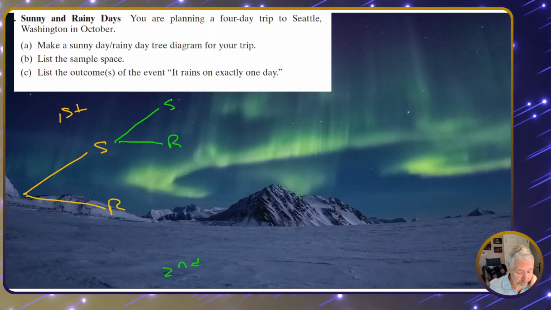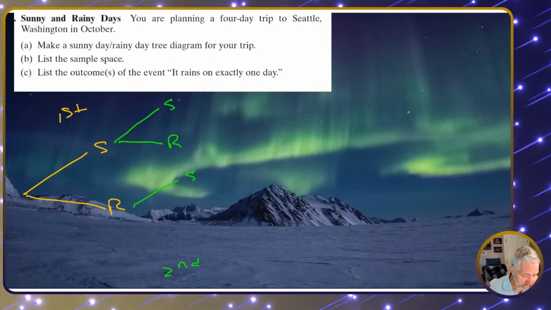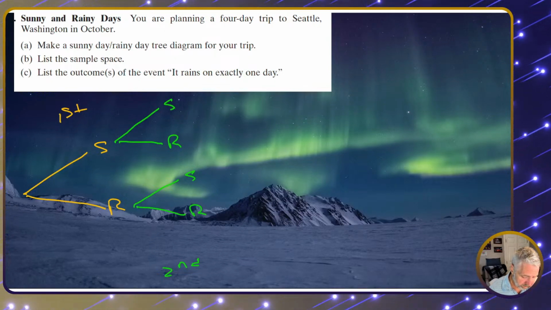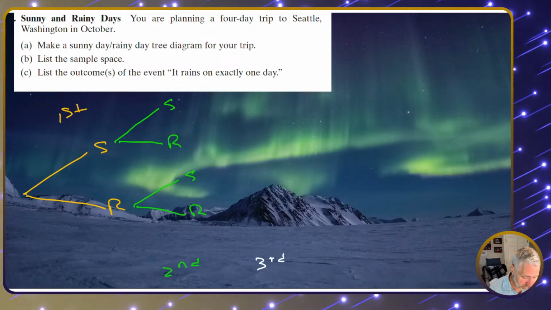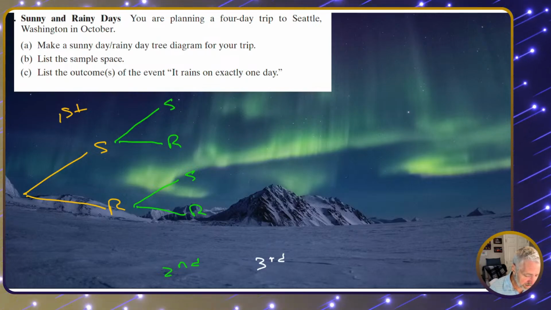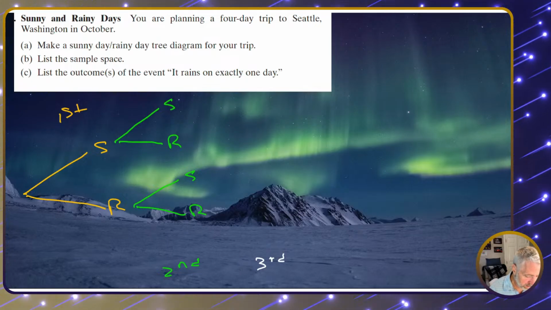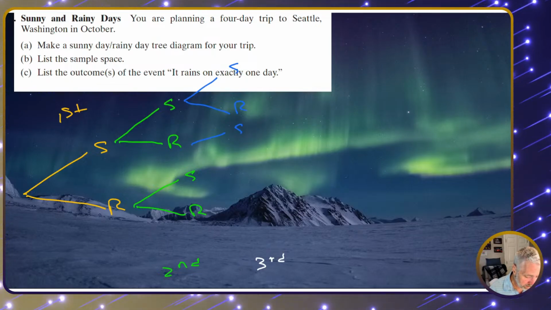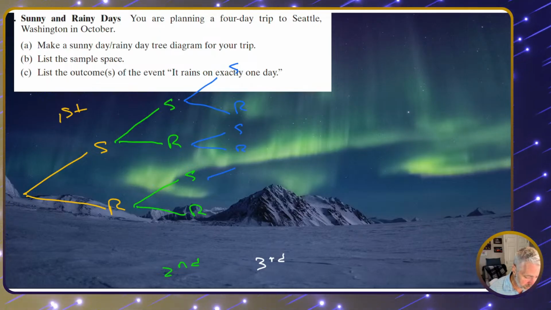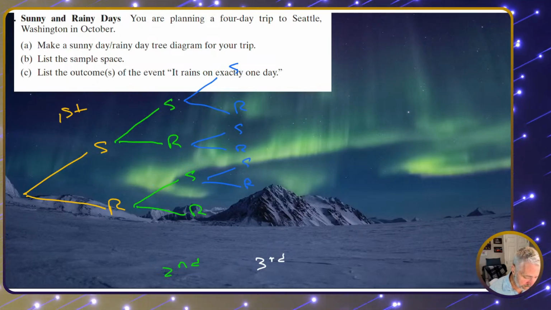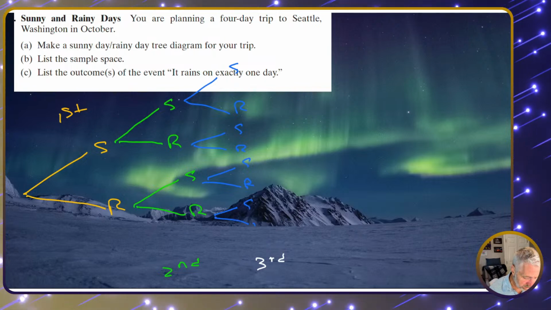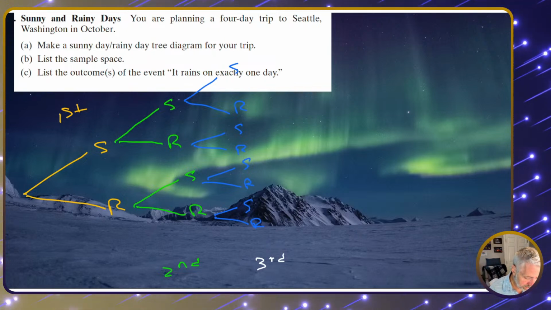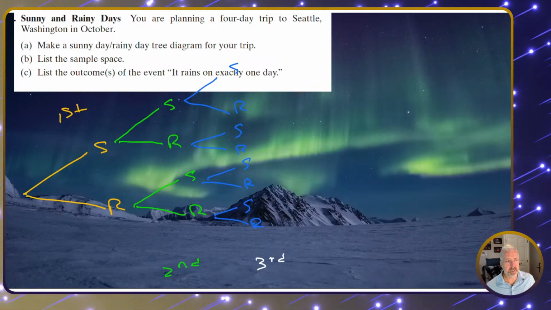If you have a rainy day on the first day, the second day is going to be sunny or rainy. And then on the third day, if you're sunny and sunny, you could also be sunny or rainy. Same here. Same here. Here we go. So there's my tree diagram.